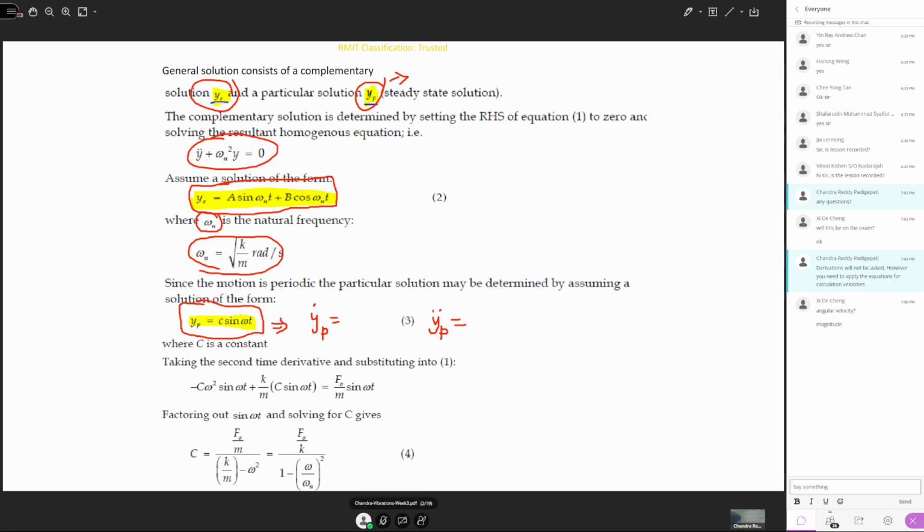If yp is c sine omega t, yp dash will be c omega cos omega t. Then the second derivative will be negative c omega square sine omega t.